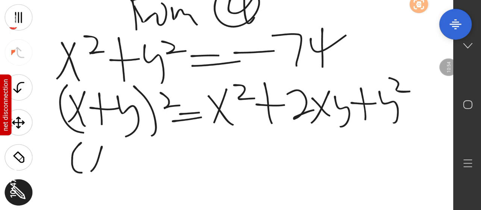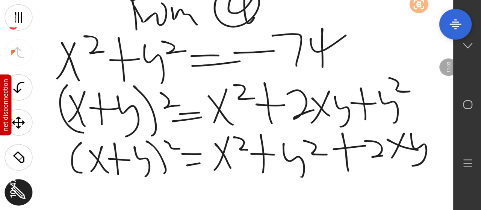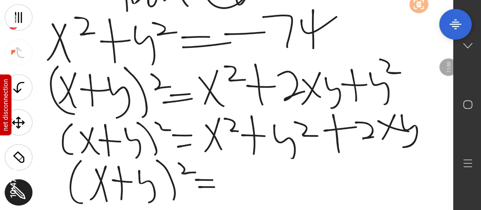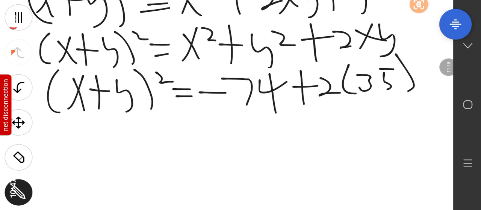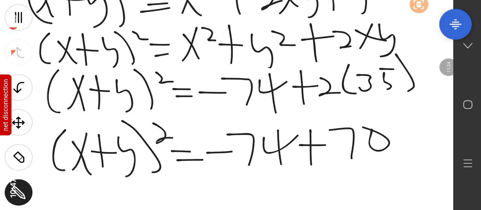This gives us x plus y squared equals x squared plus y squared plus 2xy. So let's do the substitution. x plus y squared equals minus 74 plus 2 times 35. So this will give us x plus y squared equals minus 74 plus 70.